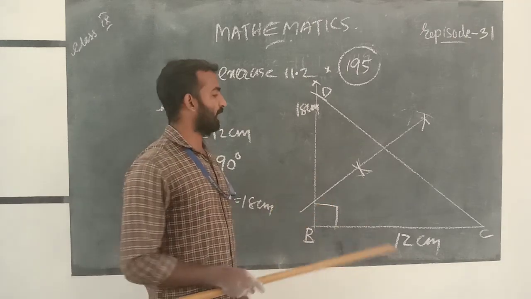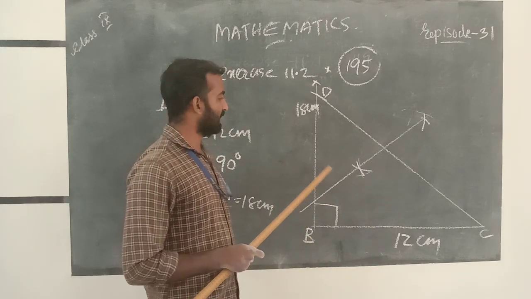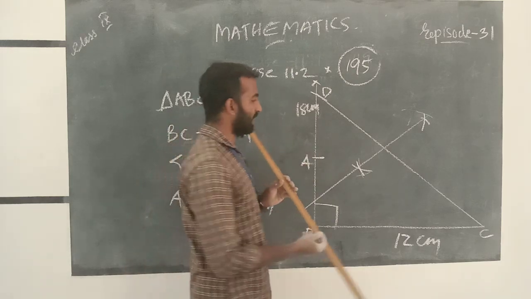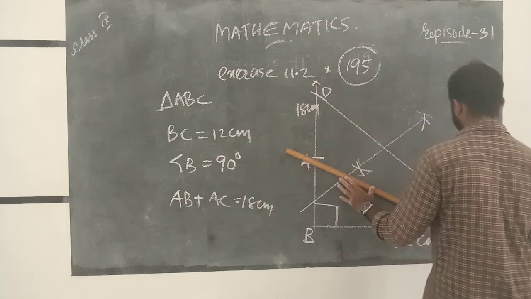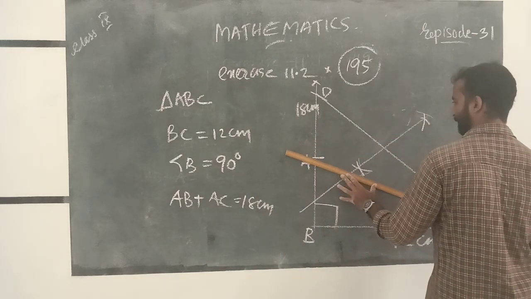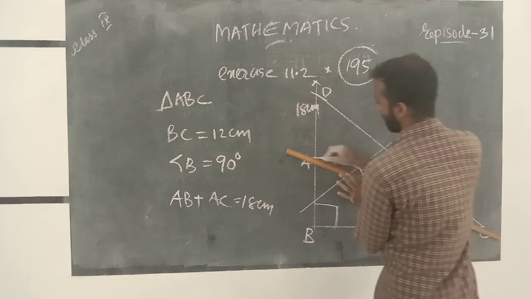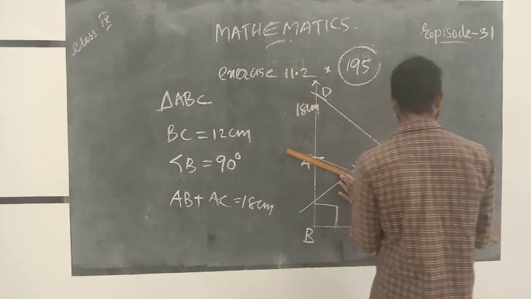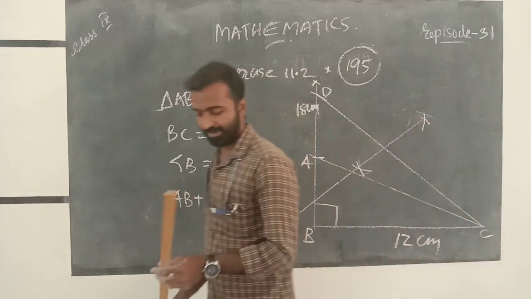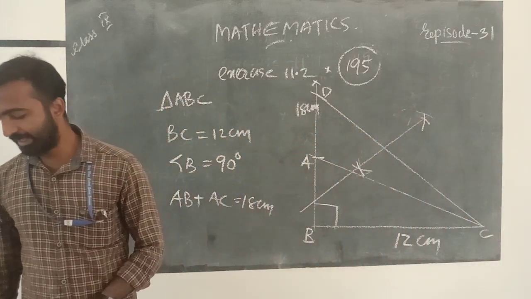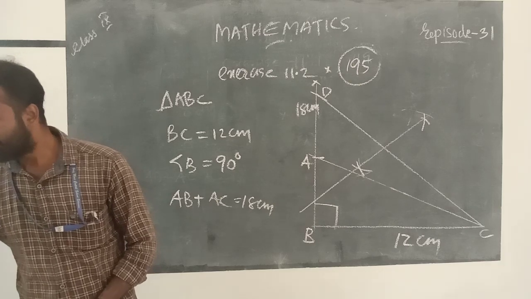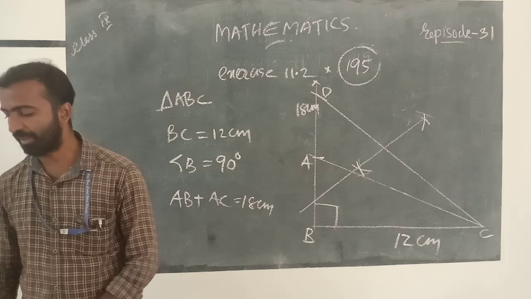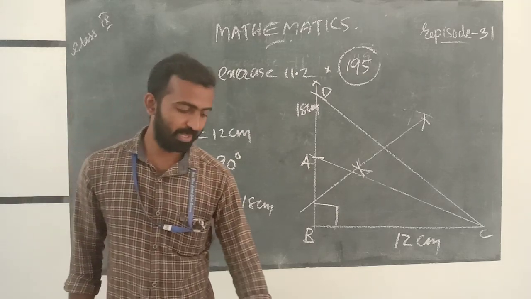When you draw in correct measurement, you get A here. That is, we can join A and C, then we get the right angled triangle ABC. The triangle ABC is right angled, so you get the solution.